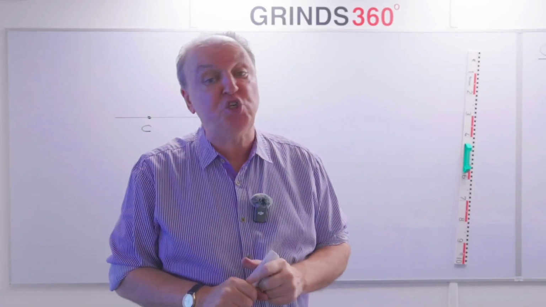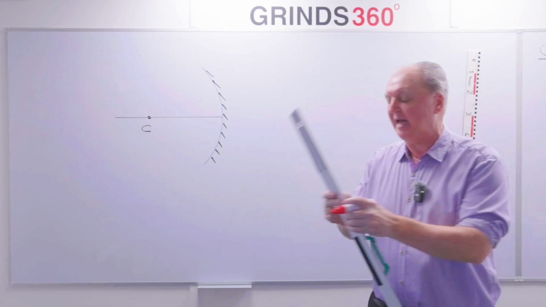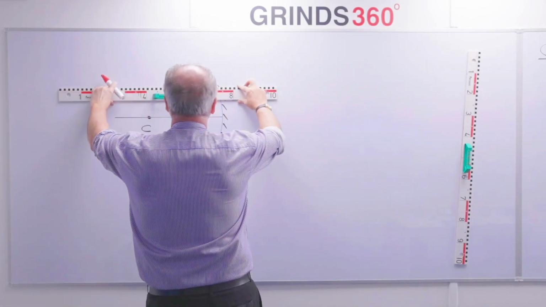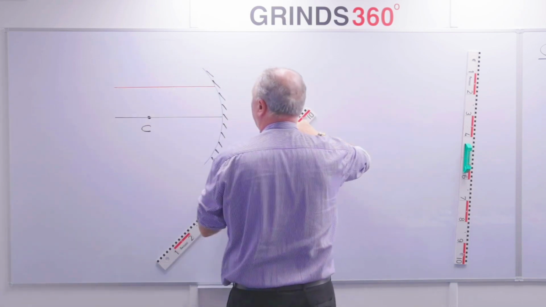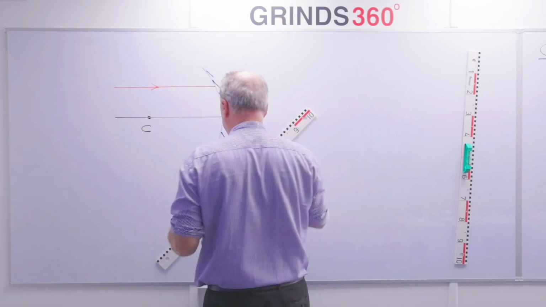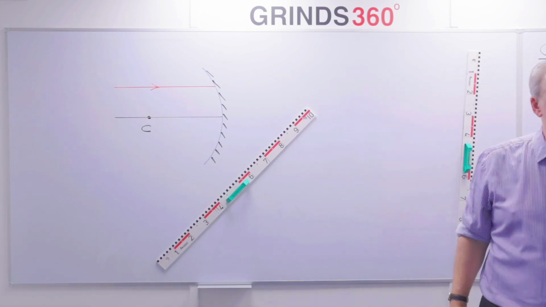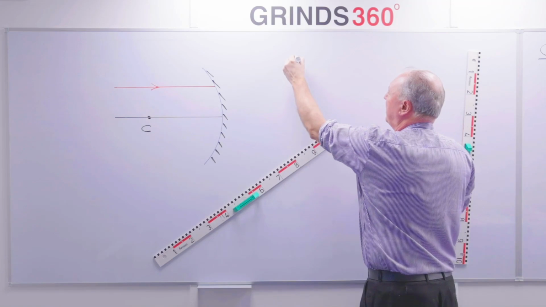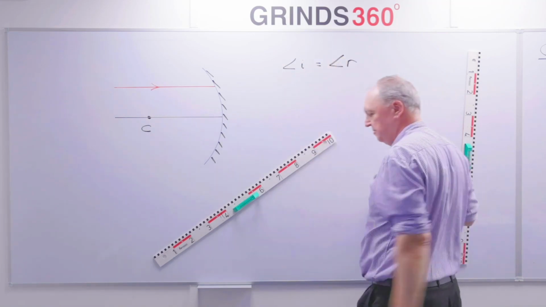The ray of light I'm going to choose is a ray of light that is parallel to the principal axis. So take a line here, a ray of light, parallel to the principal axis. That is my incident ray. Where does that ray end up going? Well, I'm going to use my law of reflection. My law of reflection says that the angle of incidence is equal to the angle of reflection.